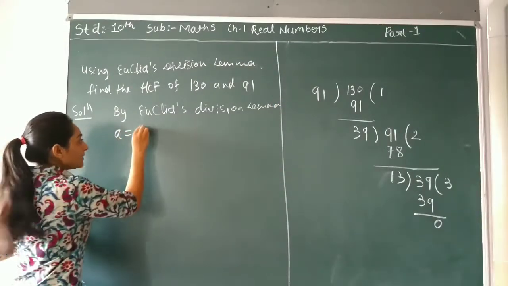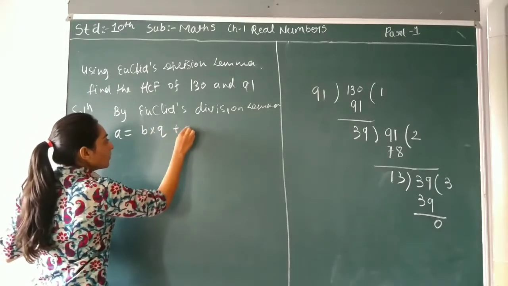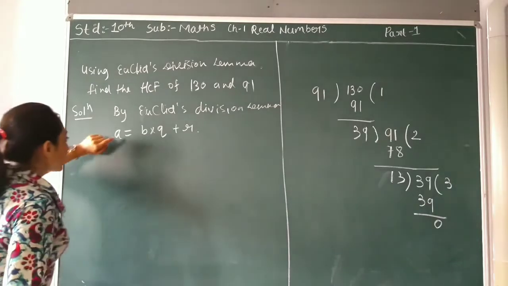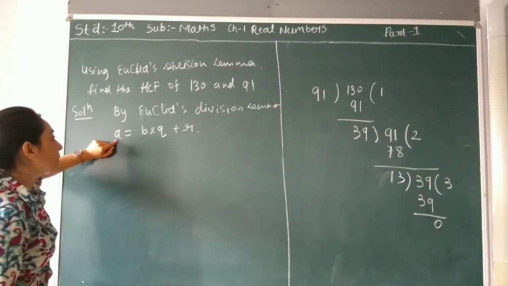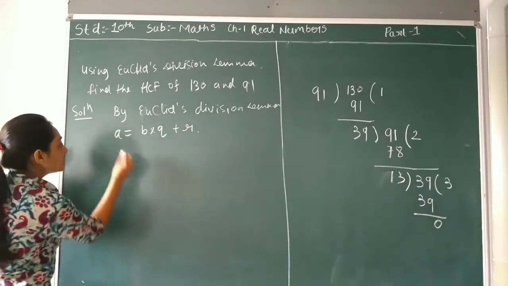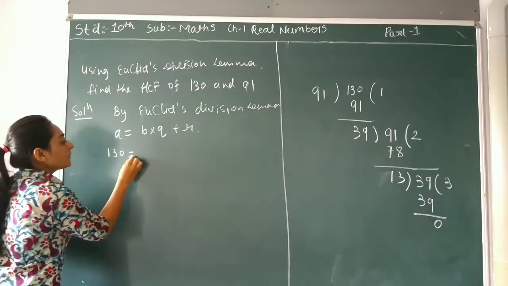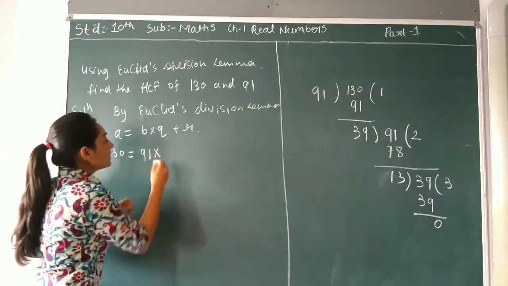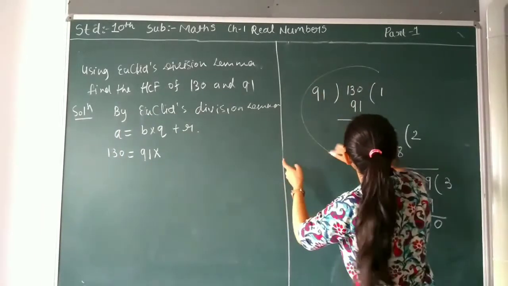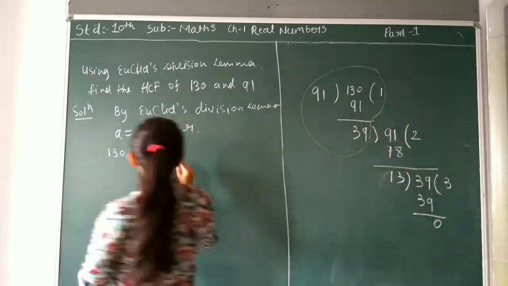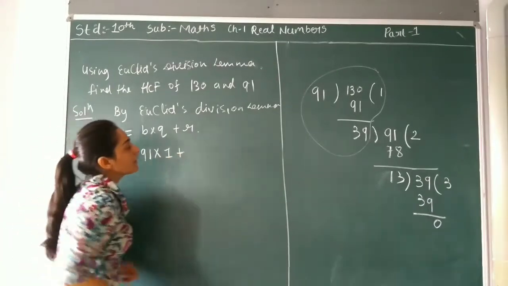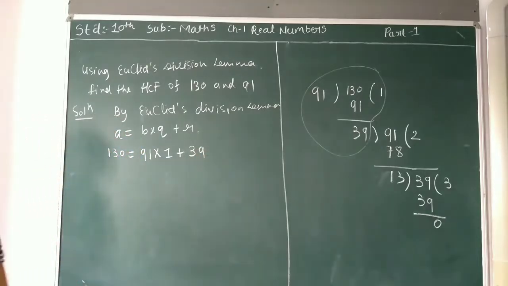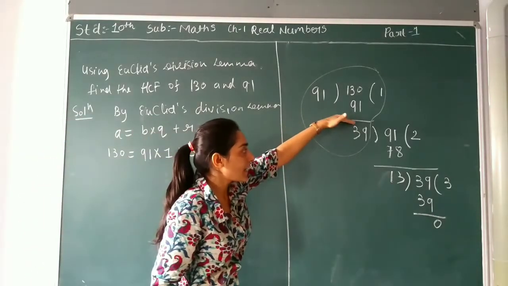A equals B into Q plus R. So my A is the dividend, the bigger number, which is 130. The 91 is the divisor. What quotient we get in the first step, which is 1, and what remainder we are left with, 39. Now look at the second step.